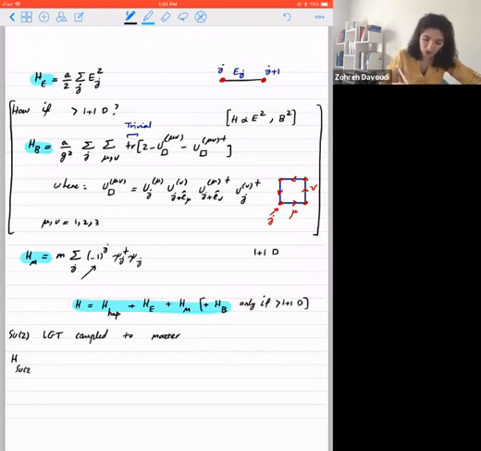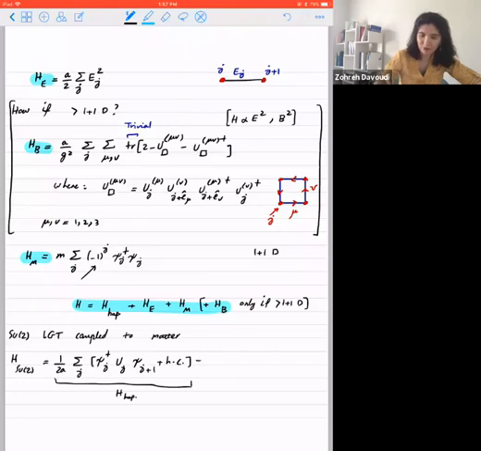So for SU2, just to convince you that it actually looks exactly like what we had, this is 1 over 2a, sum over j, psi dagger j, U_j, psi j plus 1, plus Hermitian conjugate. This is going to be H hopping, just as before. Then we have g squared, a different convention for what's in front compared to before, but that's just a choice, times sum over j of E_j^b squared, summed over b.